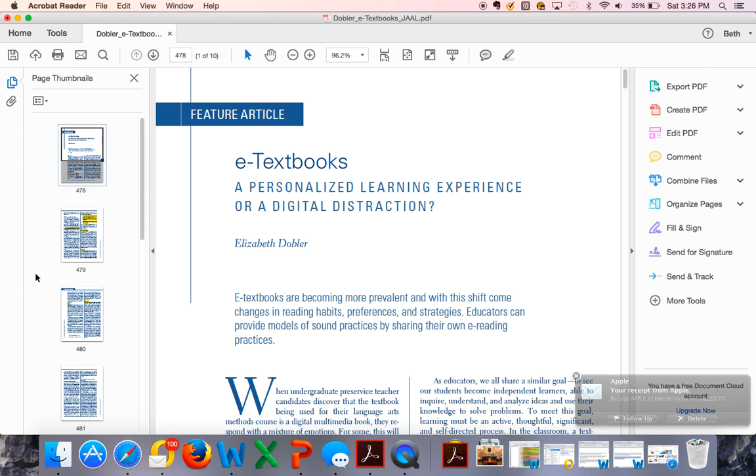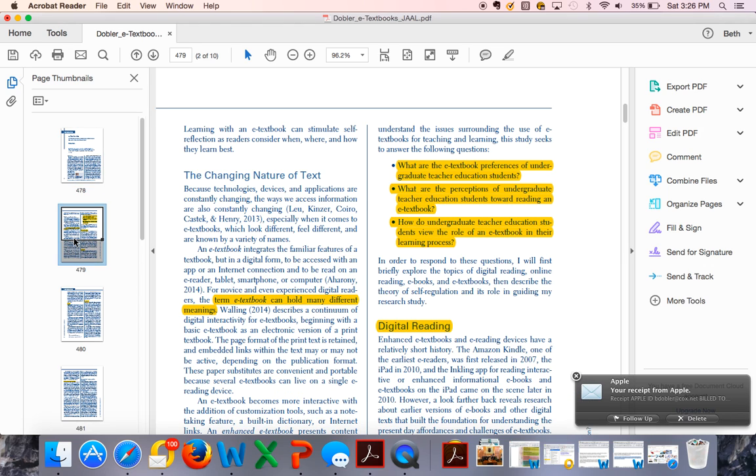I'm going to take you to the article itself, and I'm going to go to this page where the lit review starts. Previous to this is just an introduction about the study, but here's where the lit review really starts. And I began with something important. I defined my most important term in my article, and that is what I mean by an e-textbook.